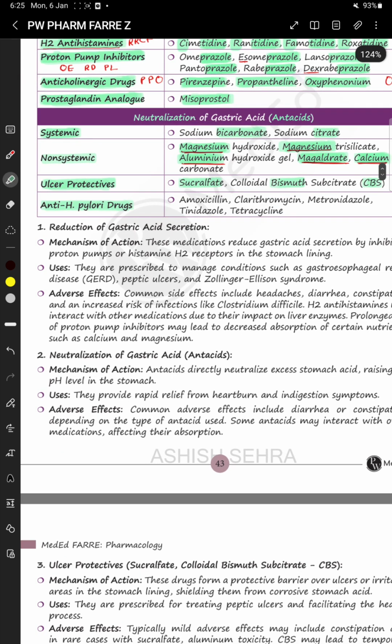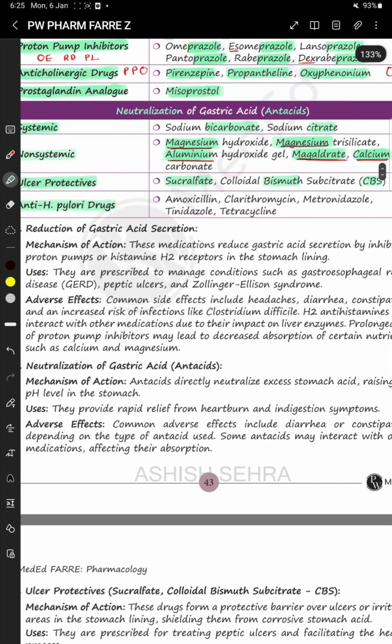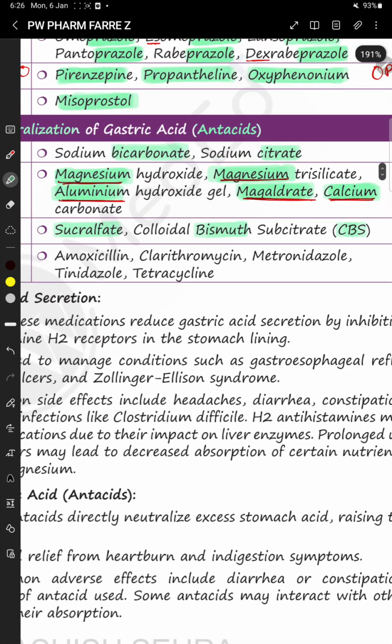Then anti-H. pylori drugs: amoxicillin, clarithromycin, metronidazole, tinidazole, and tetracycline.